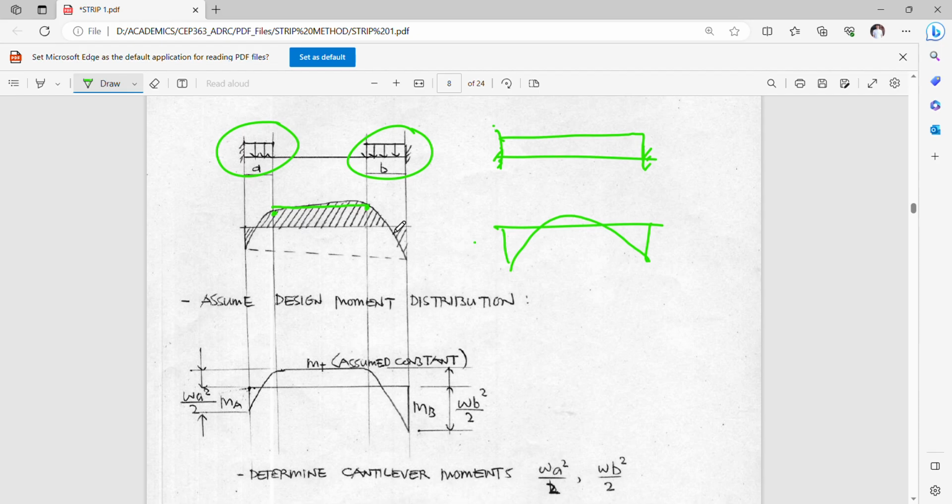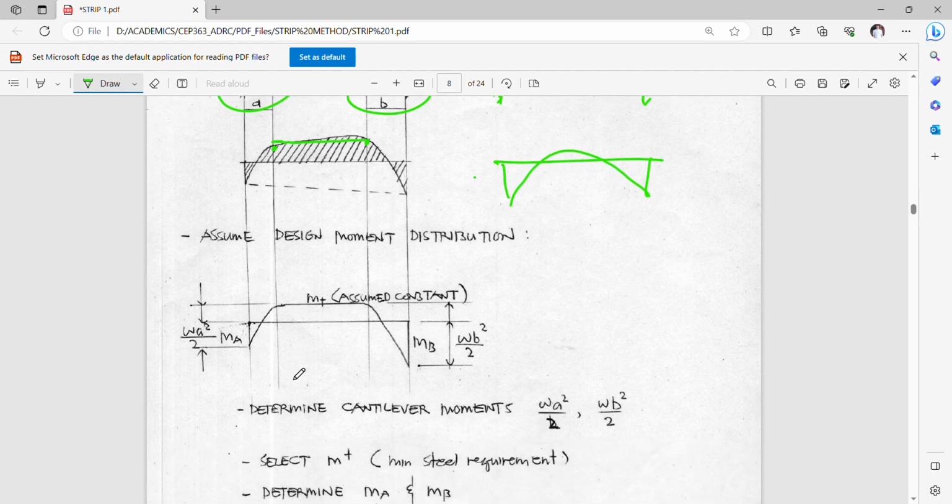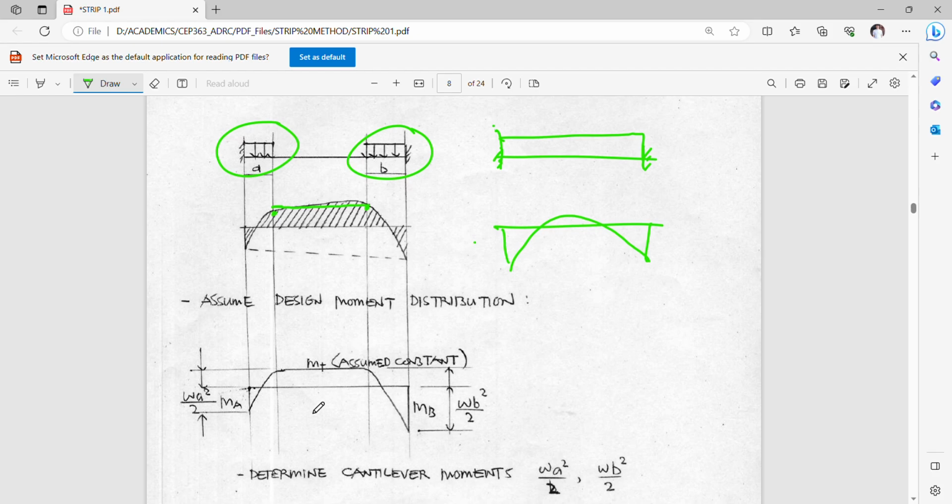But in this assumption, the positive moment is assumed to be as in this figure. The cantilever moments, MA and MB, at the negative side, will simply be equivalent to W A squared over 2 and W B squared over 2.